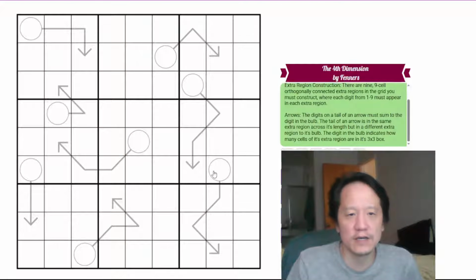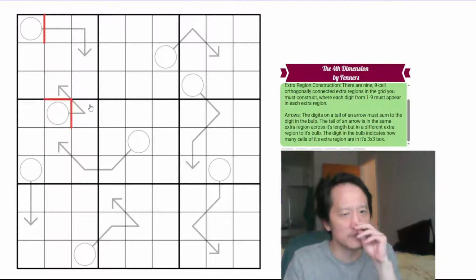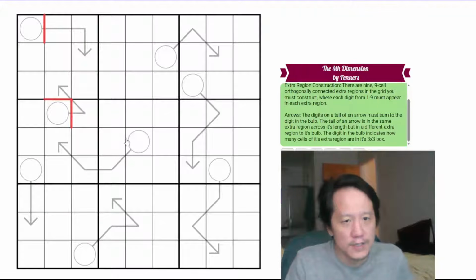Let's go. Okay, so we know these are different regions. So let's mark them as a border, and we're going to mark the borders as red. There we go. This has to be a separate region. This must be a separate region because these two are the same region.